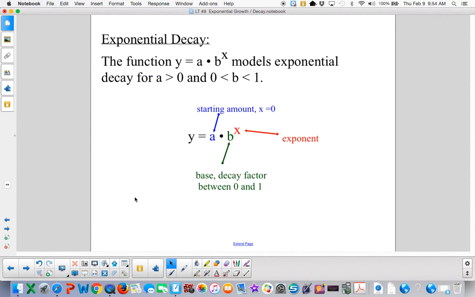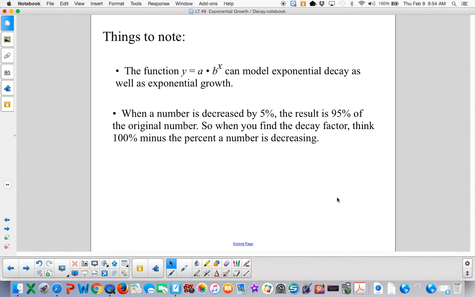We can also use equations for that. So the equation for exponential decay includes our starting amount, our base factor, which is the decay between 0 and 1, all to the exponent of x. Please note the function a times b to the x is a model for both exponential decay as well as growth. The difference is what b evaluates to.